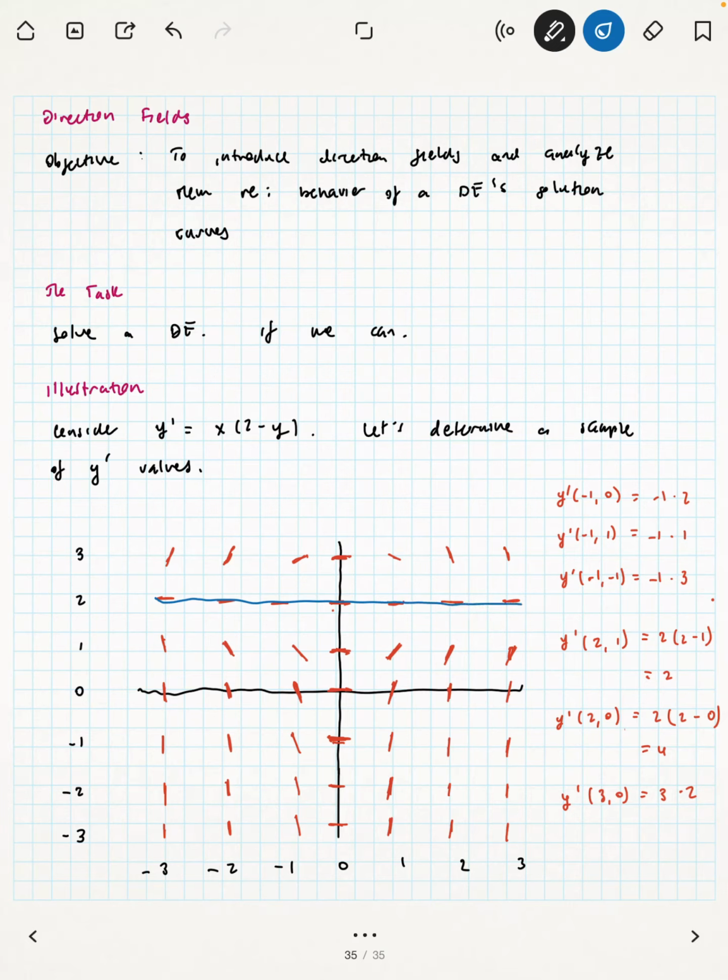First of all, these are stationary curves, right? So first of all, we have the stationary curve y equals 2. We know that if we have y equals 2, it's going to stay on that line. So think of the little slope segments as suggesting where the solution should be. So it might look like this.